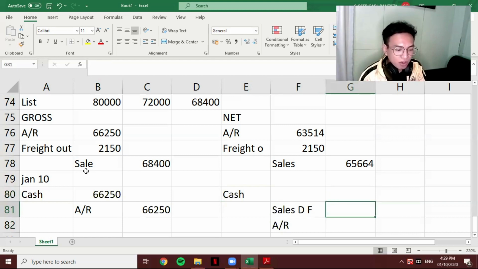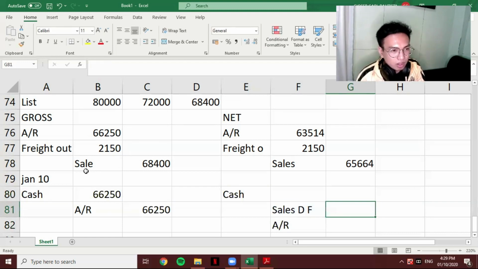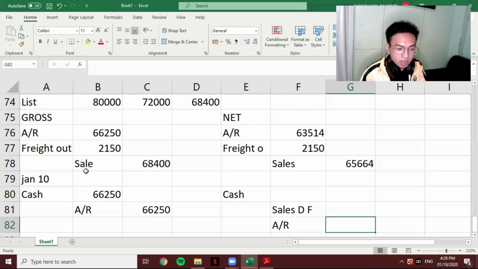So how much is our sales discount forfeited? Sales discount forfeited is the should have been gotten or availed discount from your AR, from your sales. Diba? Dapat 65,664.